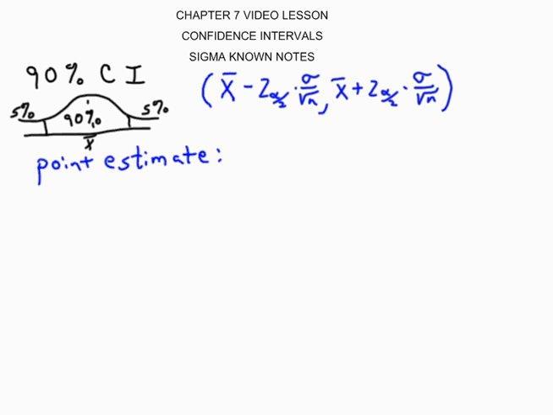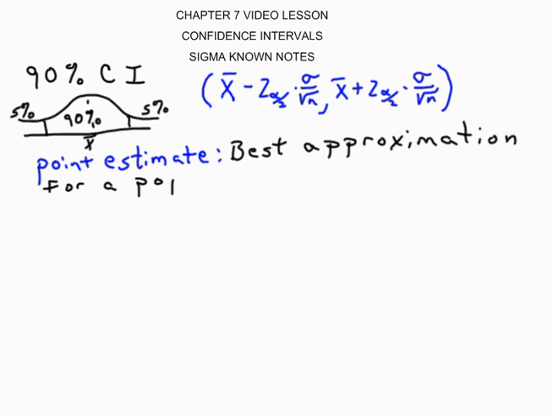This is, say, the best approximation for a population value. And those population values are called parameters.